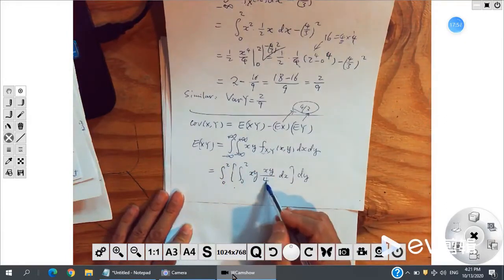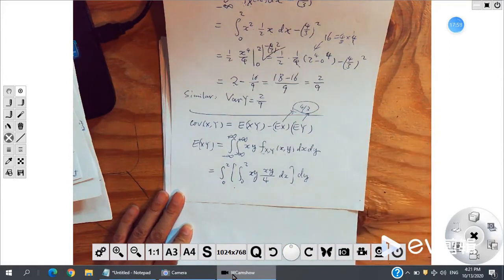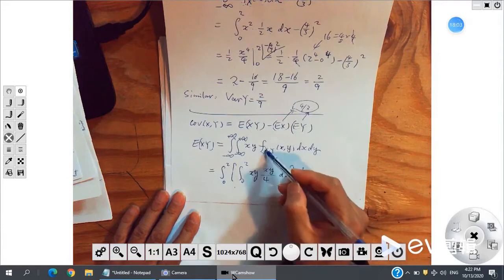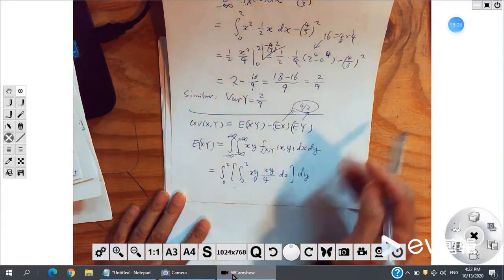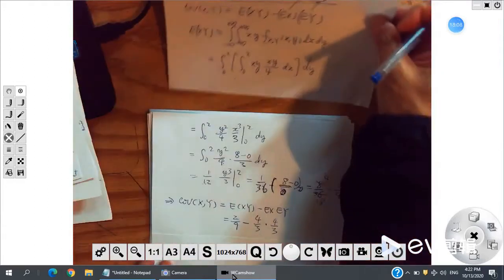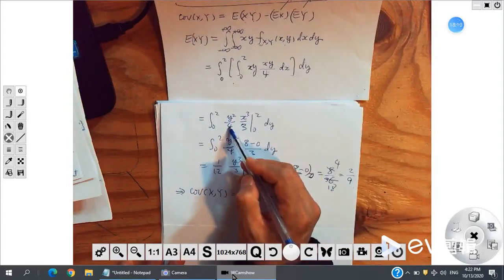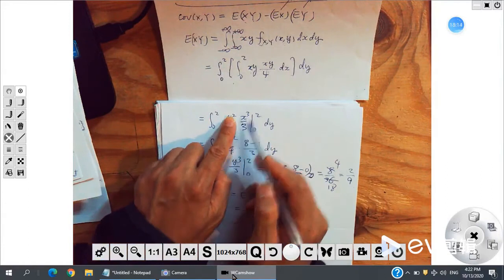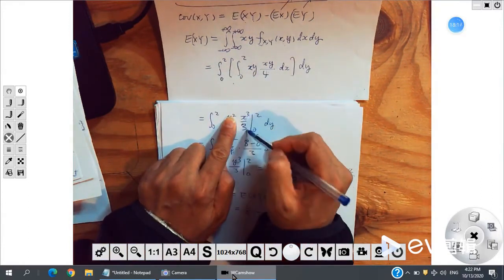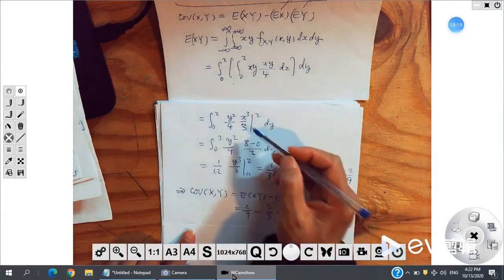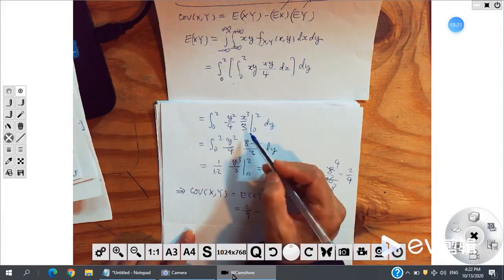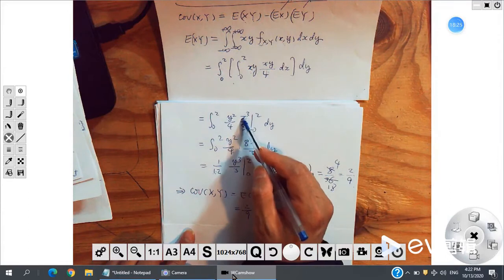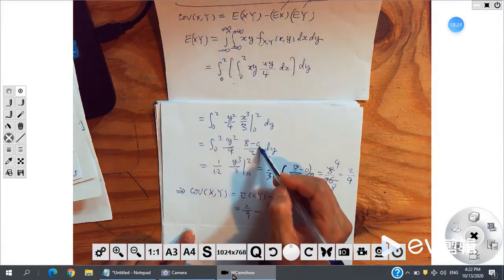K is 1/4, right? K is 1/4. So this is 1/4. Okay, I have this one. Then I move 1/4 y squared over 4. I put it here. Then for x, I have x cubed over 3. And then I plug in y squared. The x cubed will be 8 minus 0. Here's 4 over 3.